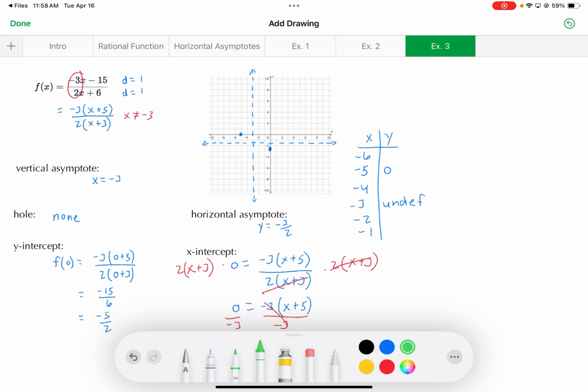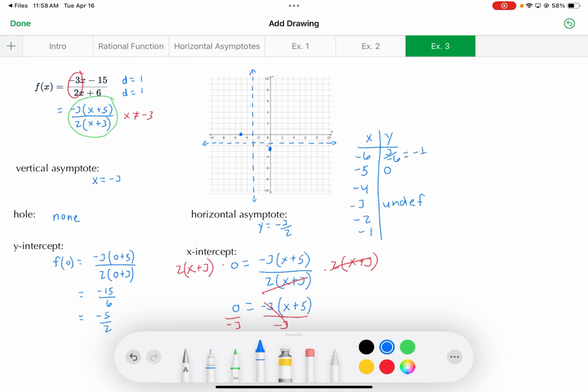Okay, now I personally like plugging these into the factored form. You could use the original if you want, but I think the factored form is a little quicker. So if I plug -6 in, -6 plus 5 is -1. -1 times -3 would be 3 in the numerator. And then down below, -6 plus 3 is -3 times 2, that's -6.